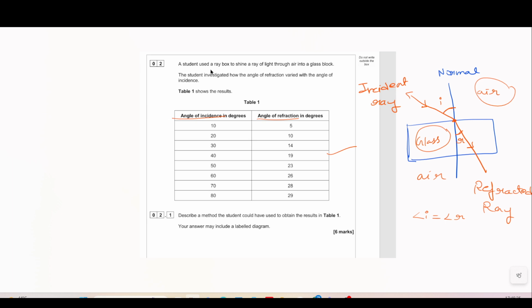You will measure the angle of refraction using a protractor. And you have to repeat the steps for all angles up to 80 degrees, as you can see here. Did you write what you have to do, or should I make you write? Okay, you have to draw this also. Did you draw it?